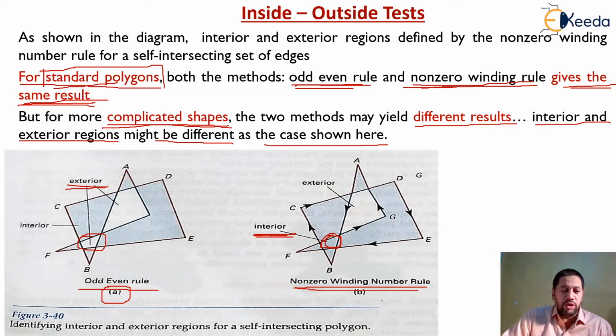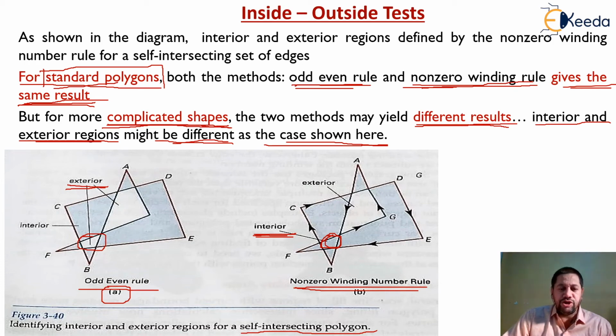So that is what I have said: for self-intersecting polygons or complicated shapes, these two methods may give different results. Interior and exterior regions might be different, as shown below.